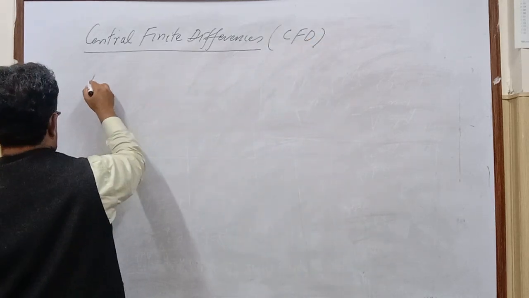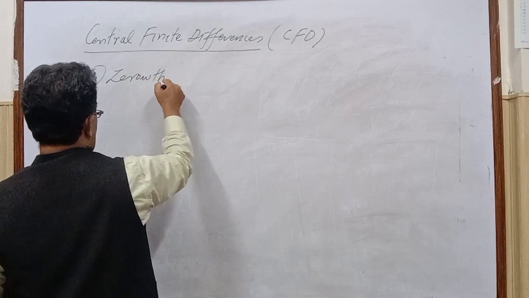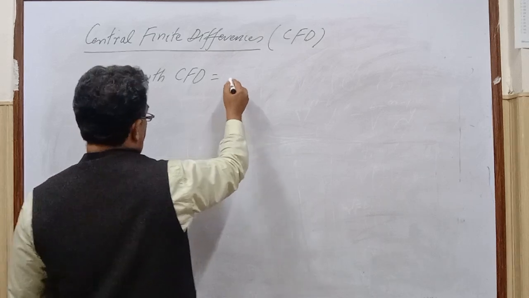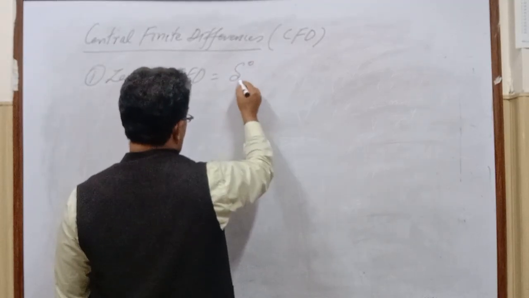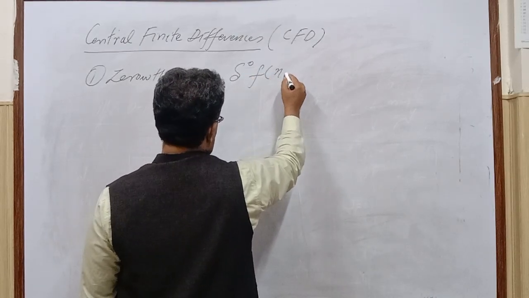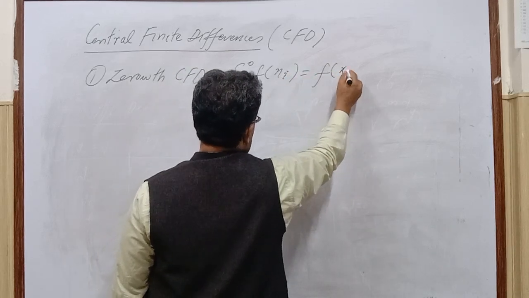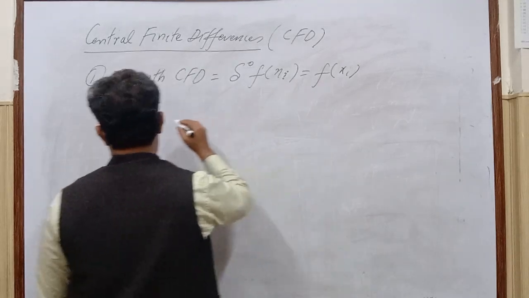The zeroth CFD is written as delta zero. So the symbol for CFD is small delta. So delta zero f of xi will produce the result like this: delta zero f of xi is equal to f of xi.